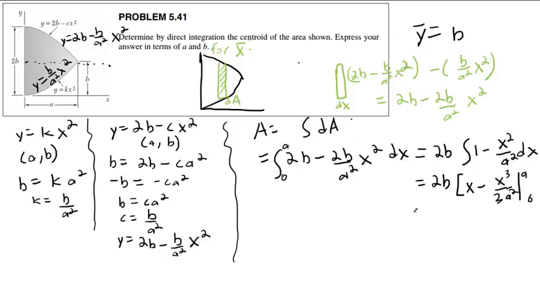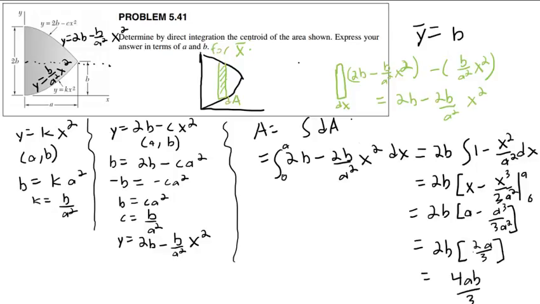So that will be 2b times a minus a to the third over 3a squared. So that's 2b times, this is basically a over 3, so 2a over 3, which then reduces to 4ab over 3.